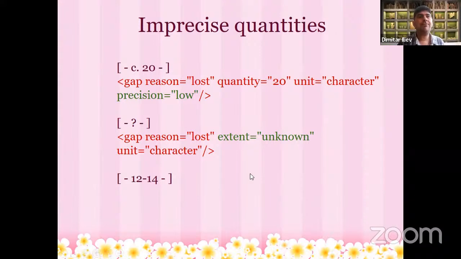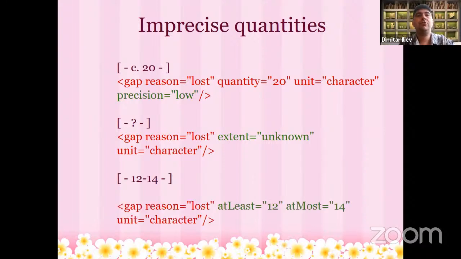If you have a relatively certain amount of space missing on the stone, but you still cannot put your finger on it and say, okay, here's a place for exactly 12 characters, you use at least, at most.